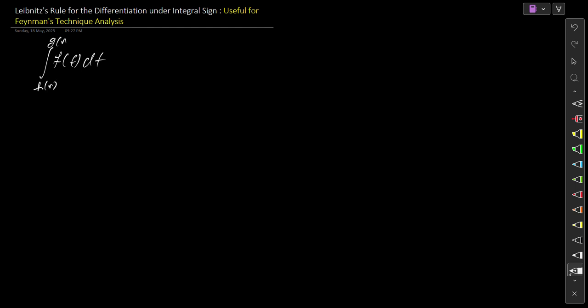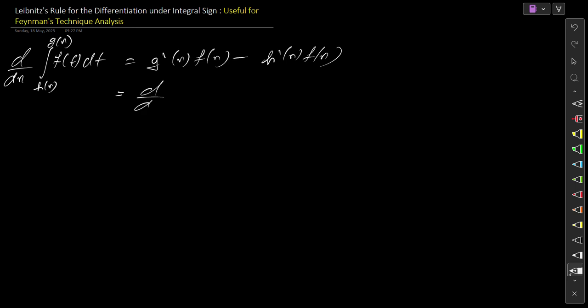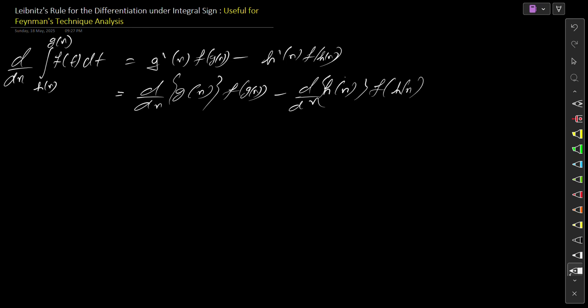In general, this could be written as g prime of x times f of g of x minus h prime of x times f of h of x. That is, the derivative of g of x multiplied by f of g of x, minus the derivative of h of x multiplied by f of h of x. So this is the standard Leibniz rule, right?